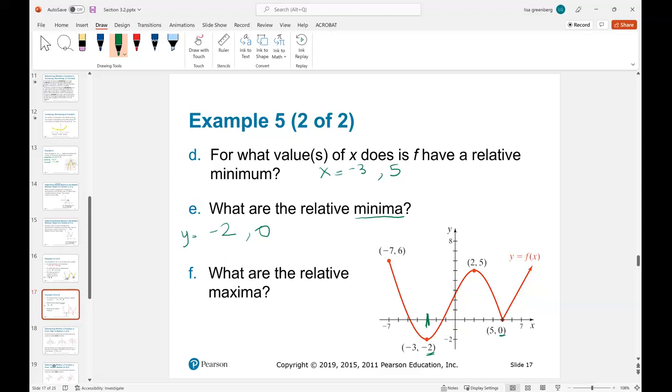Now we talk about what are the relative maxima. And what we're asking is, are there any maximum values? Well, remember, it's really important to know that relative means that I know what happens before and after the point.